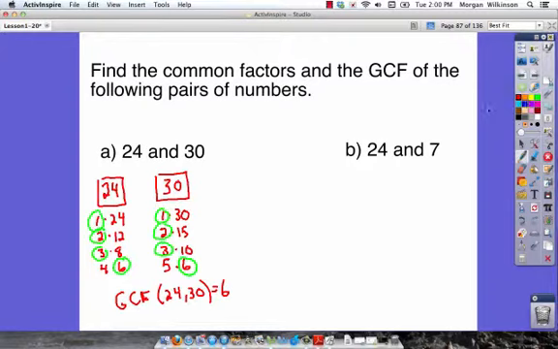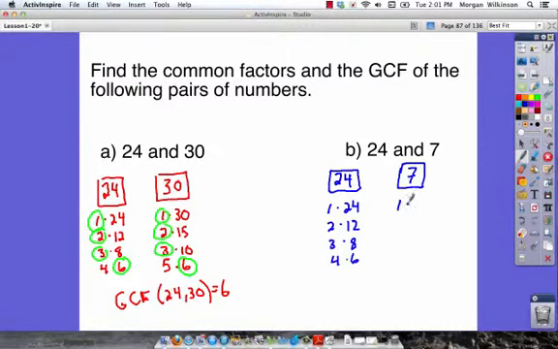Let's look at another one. Let's look at the greatest common factor and the common factors of 24 and 7. Well, we just did 24, so we can repeat that information: 1 times 24, 2 times 12, 3 times 8, and 4 times 6. For 7, the only way we can get to 7 is 1 times 7, because 7 must be prime.